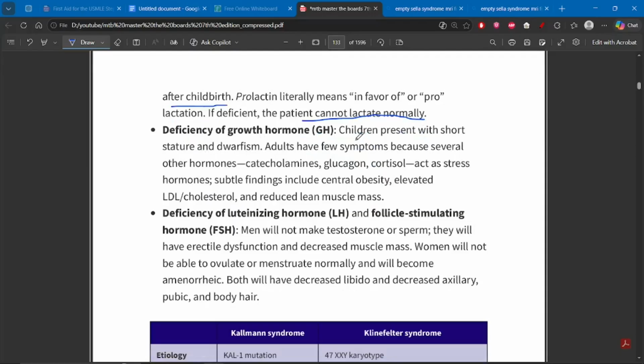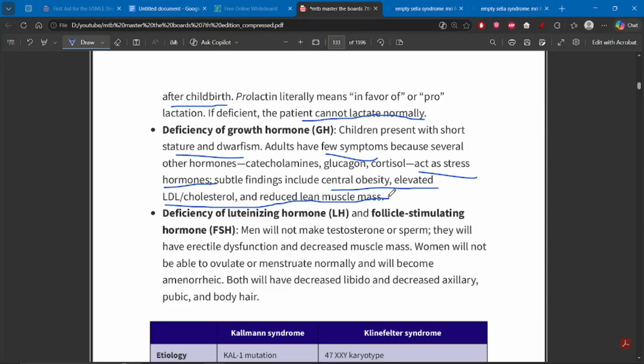A deficiency of growth hormone can be assessed when the child presents with short stature and dwarfism. Adults have few symptoms because several other hormones, catecholamines, glucagon, cortisol, act as stress hormones. Certain findings include central obesity, elevated LDL cholesterol, and reduced lean muscle mass.